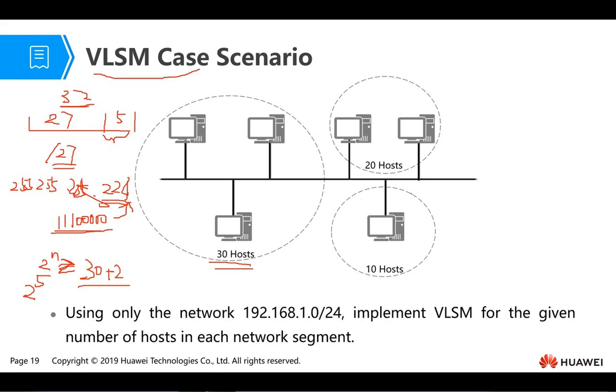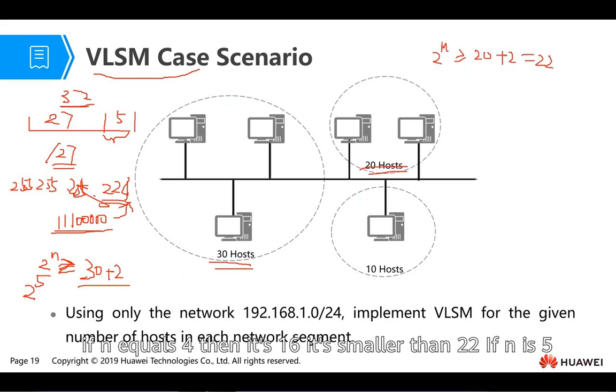Another network contains 20 hosts. You calculate 2 to the power of n should be greater than or equal to 20 plus 2, that's 22.